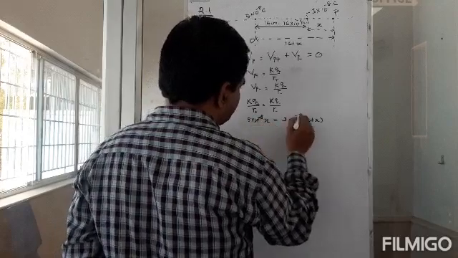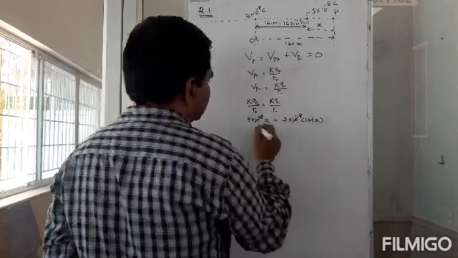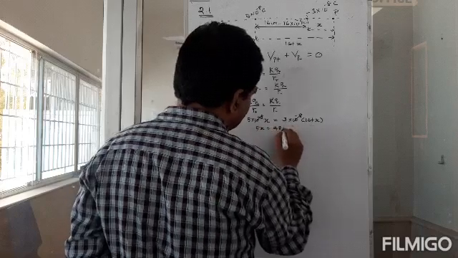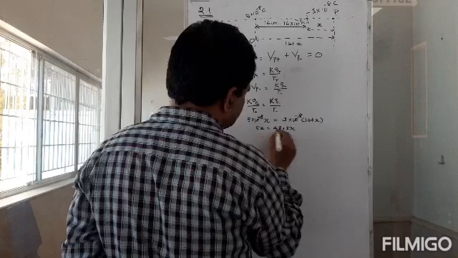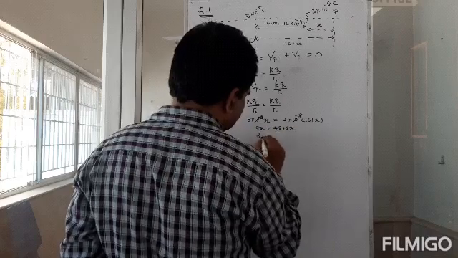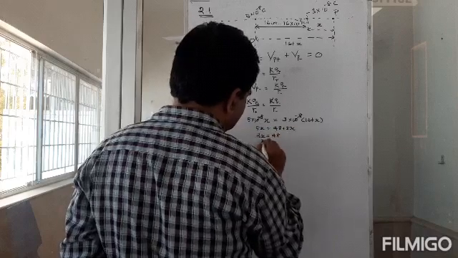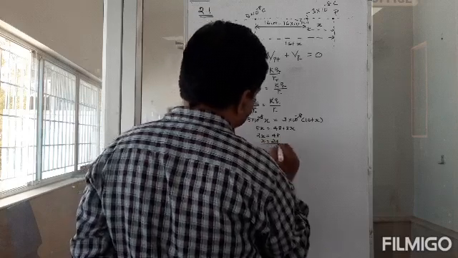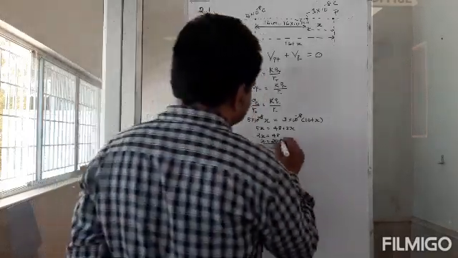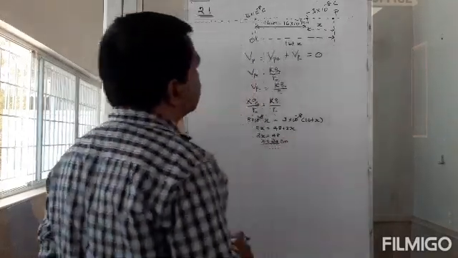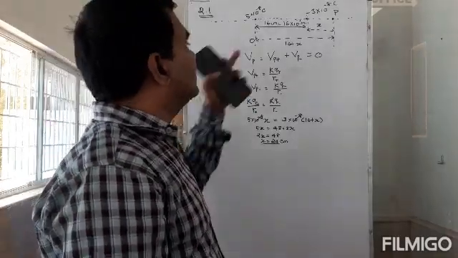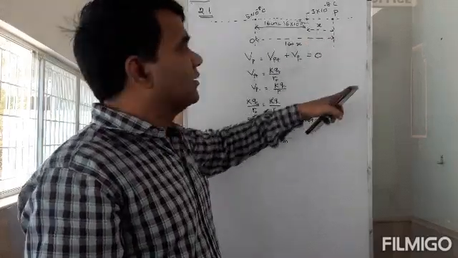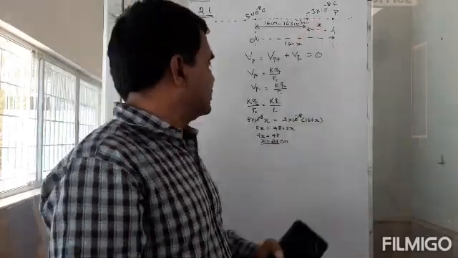I can cancel 10 power minus 8, so it becomes simple. I get 5x is equal to 48 plus 3x. When you bring it here, 2x must be equal to 48 and x must be equal to 24 centimeters. So from the positive charge, it will be 24 plus 16, 40 centimeters away, and from the negative charge, it is simply 24 centimeters.